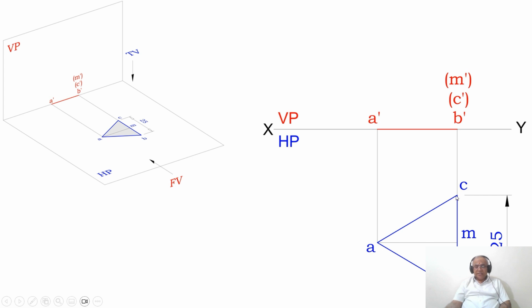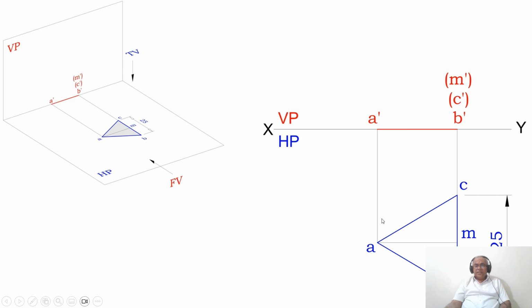Similarly with C as center, cut on the previously drawn arc. So again you get a side of 25 mm. Mark them A, B, C. Then join A to B, B to C and C to A.